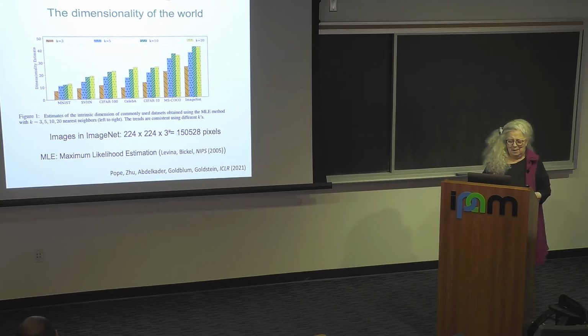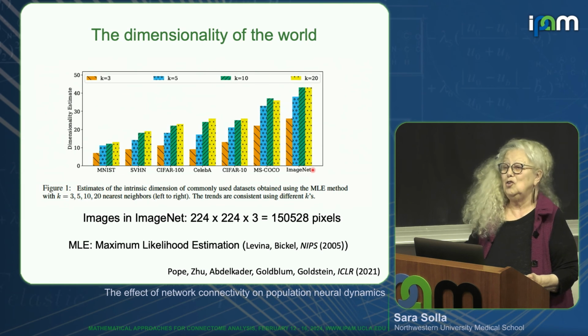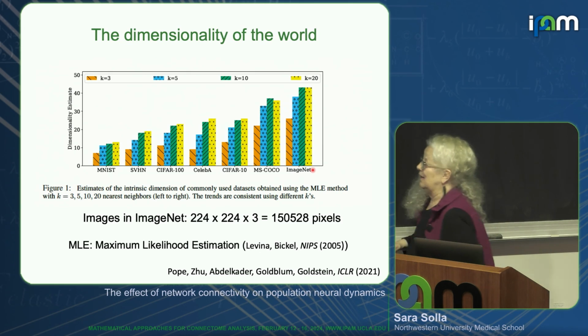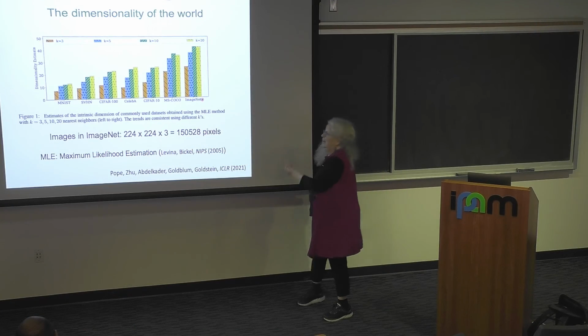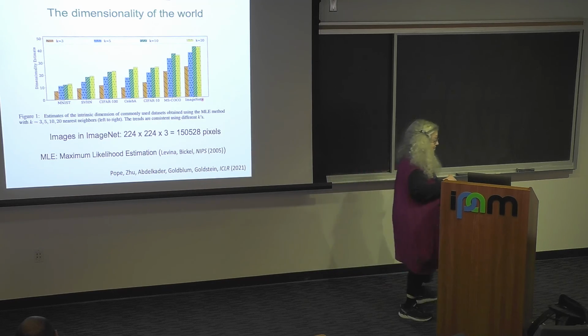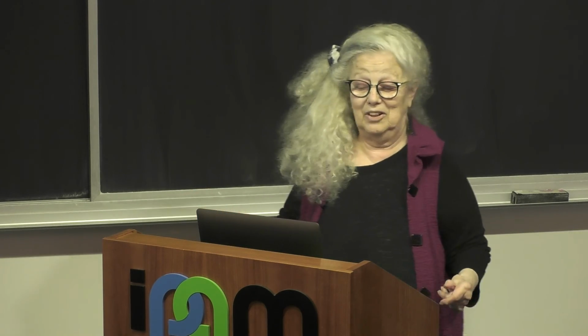This algorithm has a parameter that is called k, so these columns are colored by k, and they analyzed a lot of data sets of images. In particular, the one that I like is ImageNet. Now, ImageNet is a fantastic data set of images that has been used to train every deep learning network that people claim has anything to do with how the visual system is structured or how to do pattern recognition.